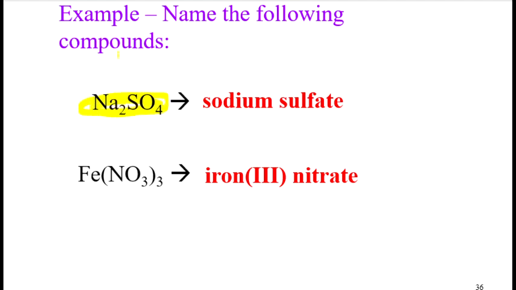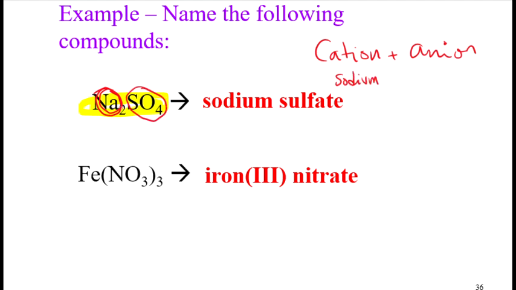Na2SO4. To find the name, the rule is cation, anion. Same rule. But the anion does not end in -ide because we have a specific name for this. Look at the cation, sodium. What is the anion? SO4, 2 negative.